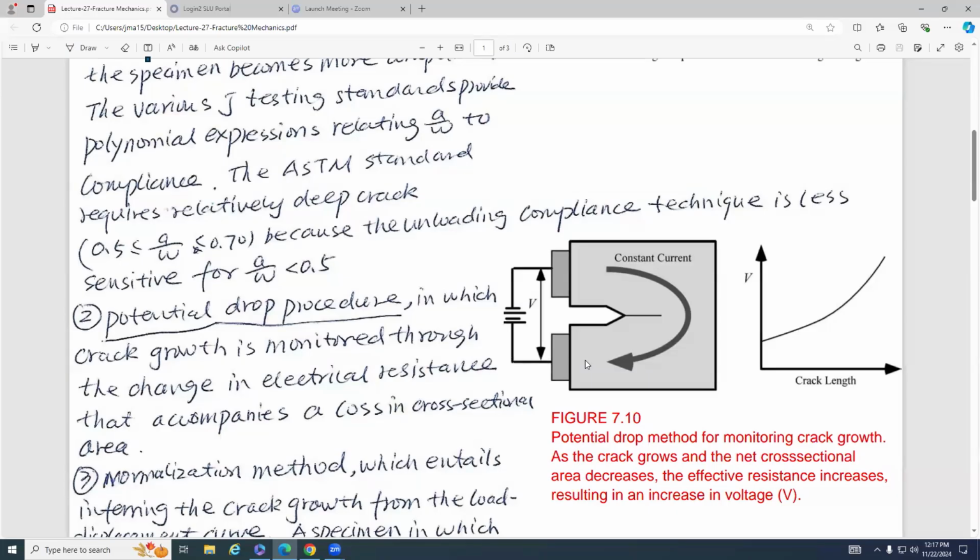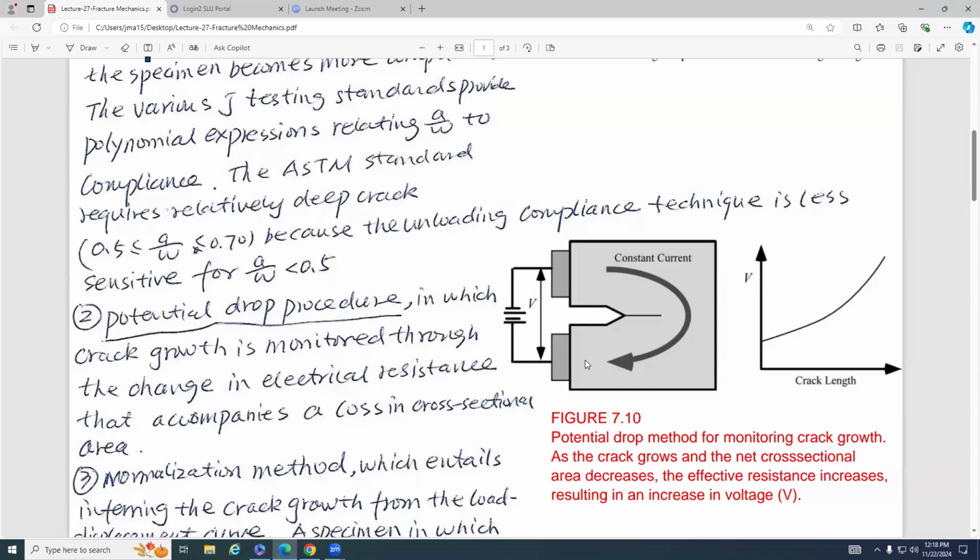You can see as the crack grows, the V is high. Why? As the crack grows, the electrical resistance from this point to this point is high. Why? Because as the crack grows, the electrons have less surface to pass through.